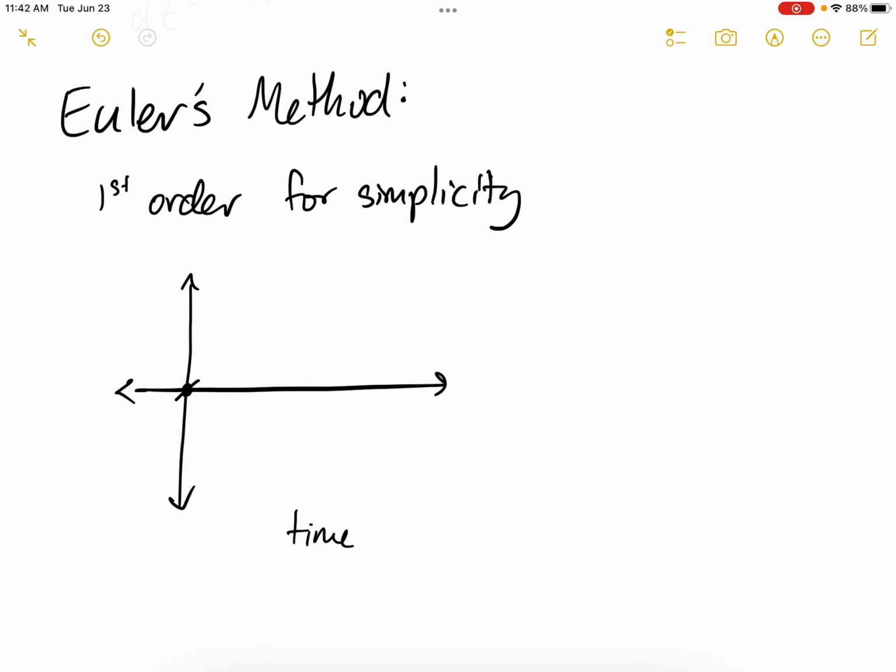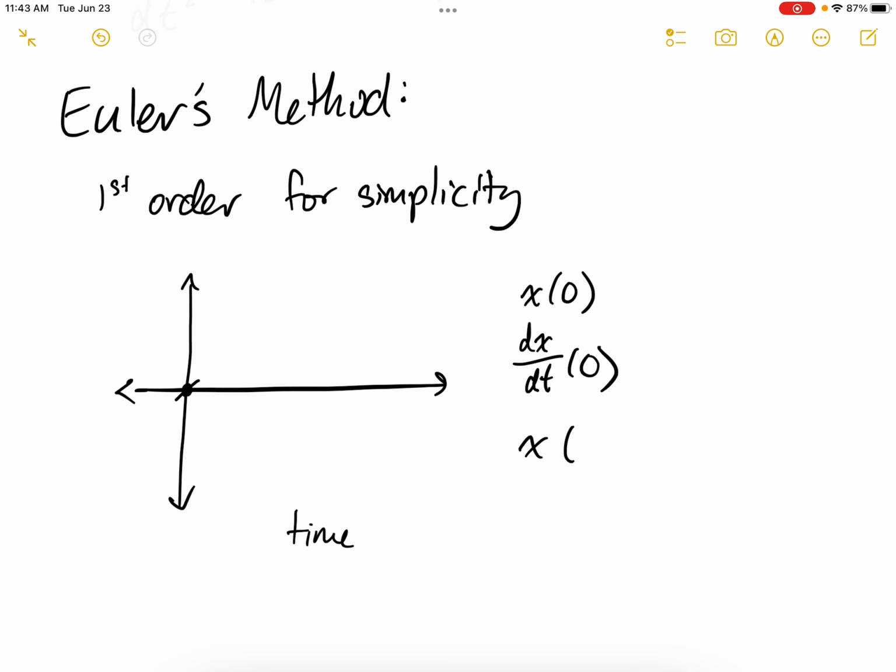So now I know x naught, x of 0, and I also know dx dt at 0. So now we want to know what is x of the next step.